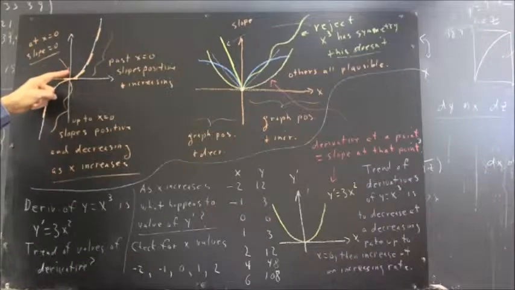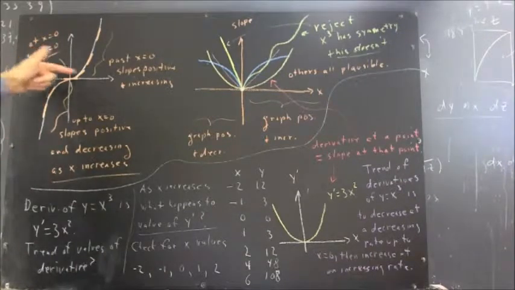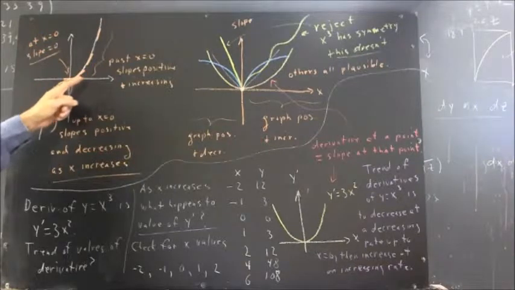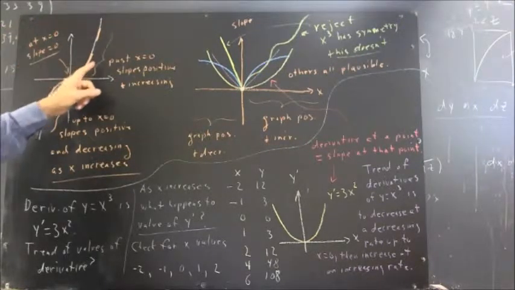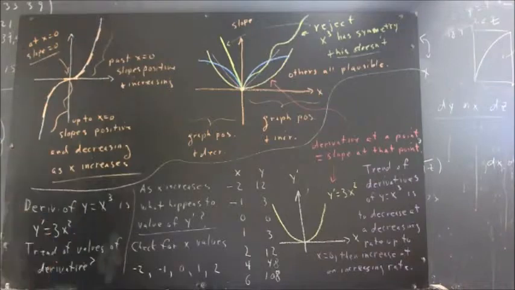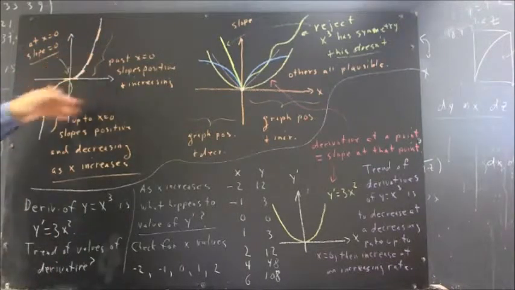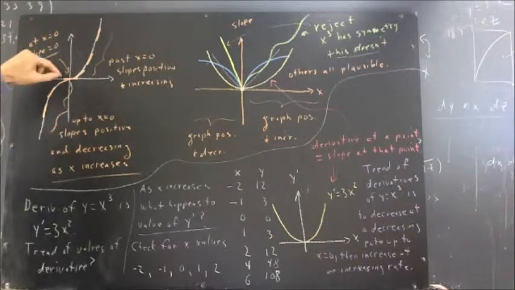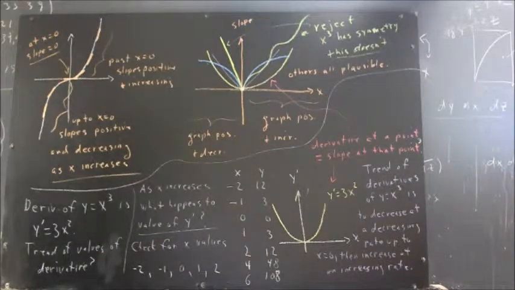And then a lesser slope here, maybe less than 1, then a slope 0, and then a greater slope again, positive slope, maybe a slope of 1 or so, maybe a slope of 2 or 3, maybe a slope of 5 or 6. Okay, well, the point is the slope is decreasing as we move from here to here, and that is a trend that we need to observe, and that we would hopefully observe.